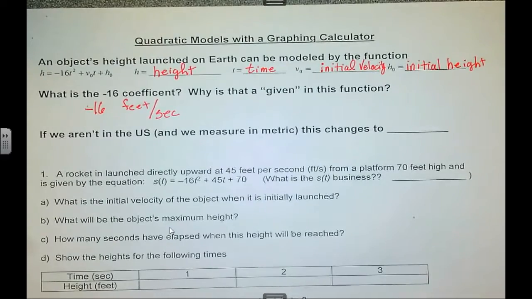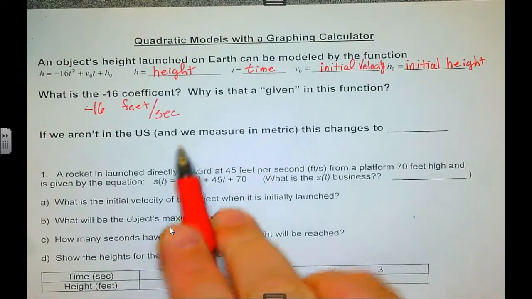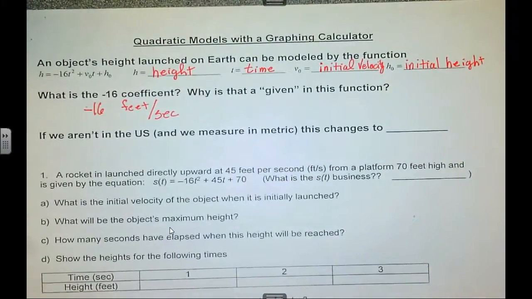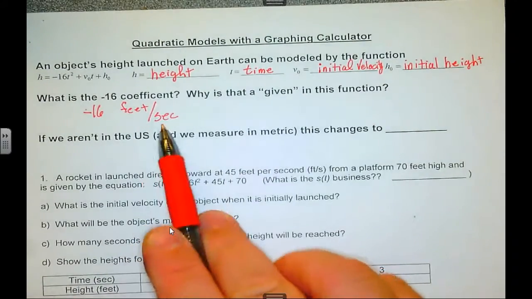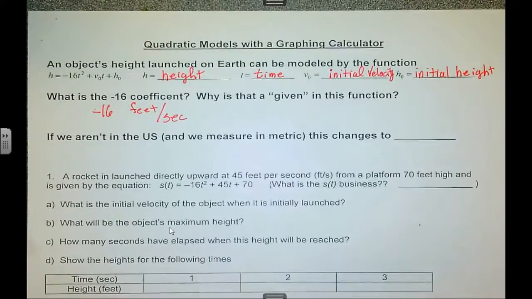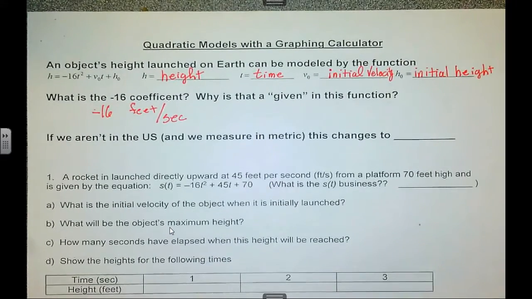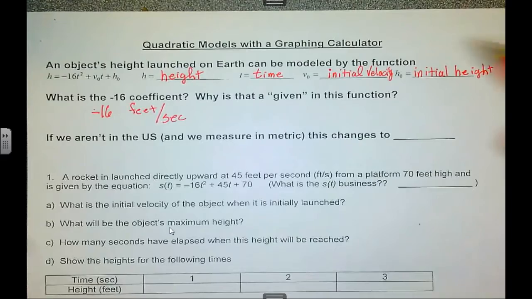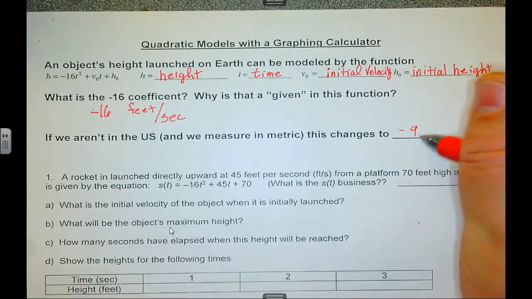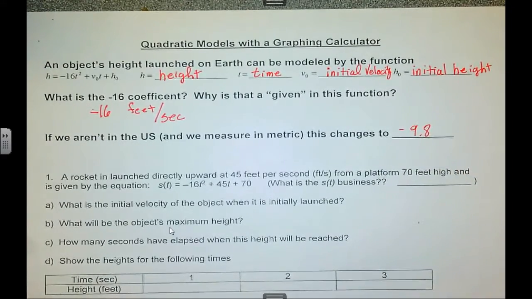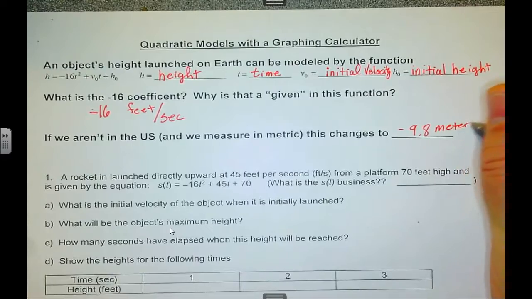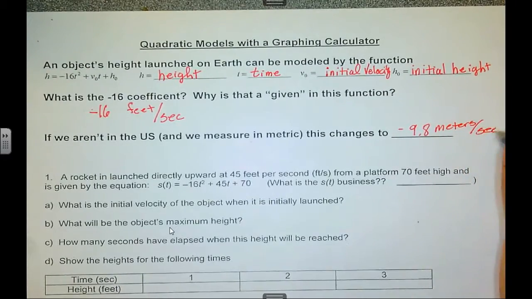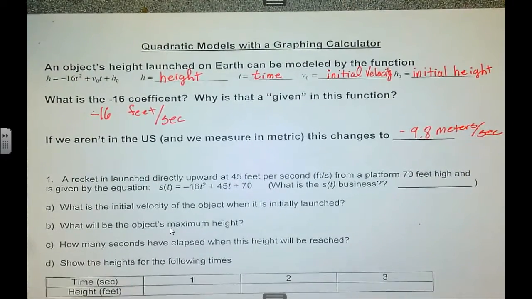Now, they do have measure and metric. In the metric system, now this is feet per second, the metric system changes to negative 9.8, so you have to watch, I think it's meters per second.